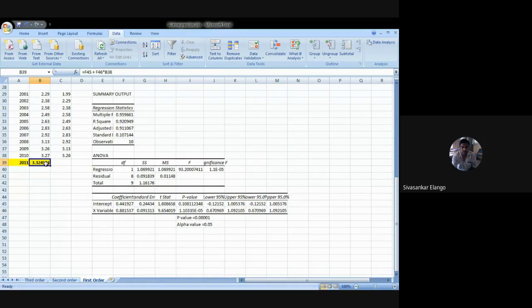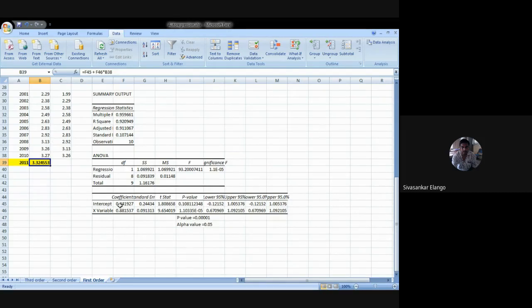I'm going to compute the sales for the year 2011 as a function of the intercept and the x1 variable. The intercept value is 0.441. So I have taken F45 plus F46, which is the x1 variable, times the previous year sales. The previous year sales is 3.27.